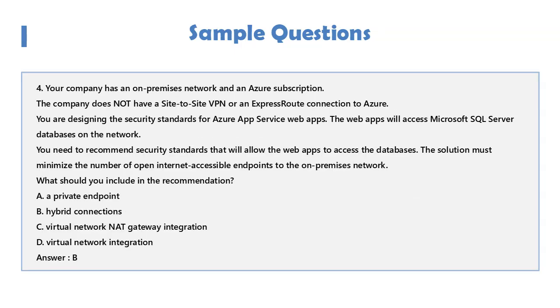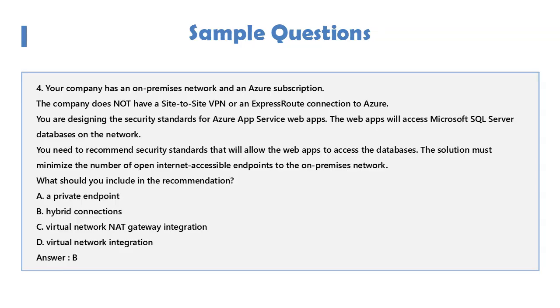4. Your company has an on-premises network and an Azure subscription. The company does not have a site-to-site VPN or an ExpressRoute connection to Azure. You are designing the security standards for Azure App Service web apps. The web apps will access Microsoft SQL Server databases on the network. You need to recommend security standards that will allow the web apps to access the databases.